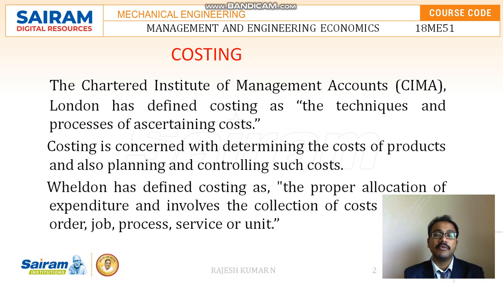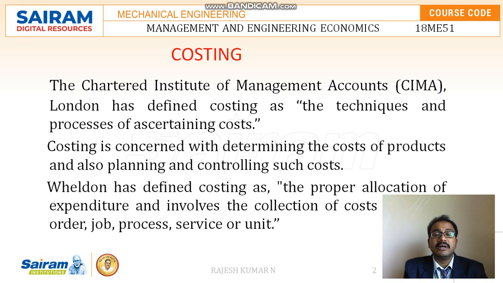Previously, it may have been very cheap, and now it is very expensive. If you take gold, compared to the present price, the previous price was very less. Similarly, if you take mobile phones, some years before, if a mobile phone was sold for 15 or 20,000 rupees, now the same mobile is available for 8,000 or 10,000 rupees.